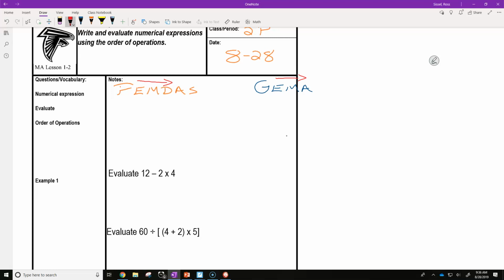On here, PEMDAS obviously is parentheses, exponents, multiply or divide, add or subtract. That is huge because a lot of people think multiply first, then divide. But when we go left to right, if a division problem comes first, we would do the division before the multiplication.